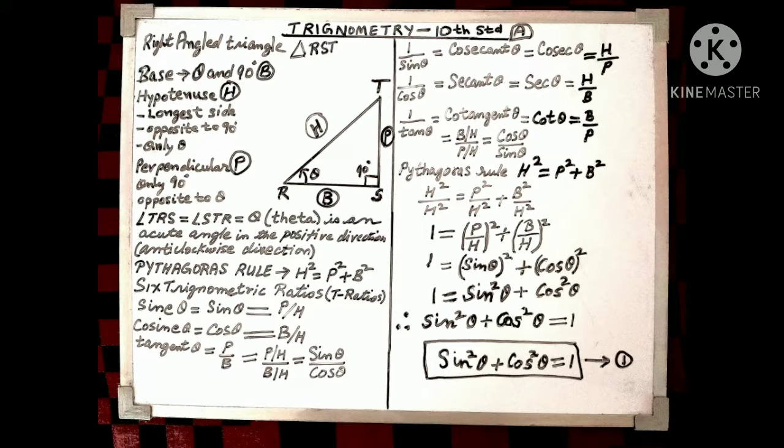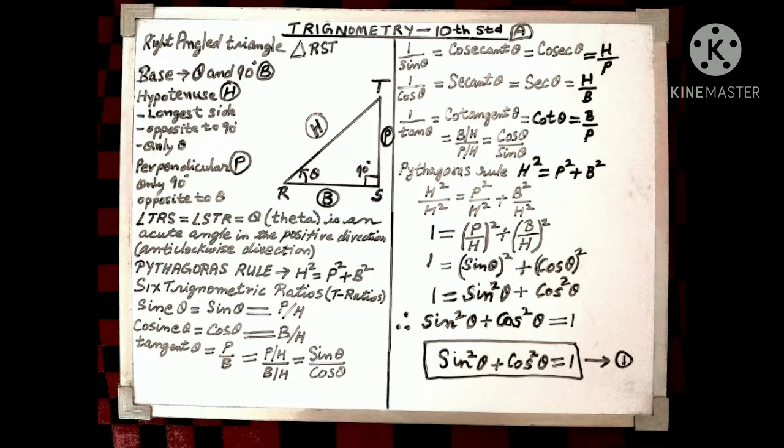At S we are having a 90 degree angle and at R we are having an angle theta, right? Now this angle TRS, that is angle SRT equal to theta, is actually an acute angle in the positive direction, that is anti-clockwise direction, right? We have to understand it this way.